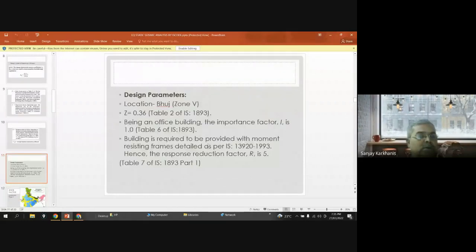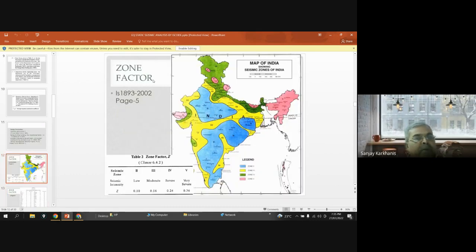We were up to this, no? Okay, then these are the design parameters for our present problem. Then this is the seismic map of India. It has been divided into four different zones, namely zone number 2, zone number 3, zone number 4, and 5.